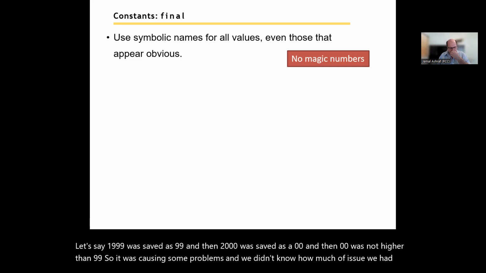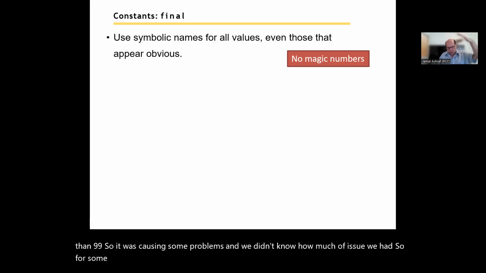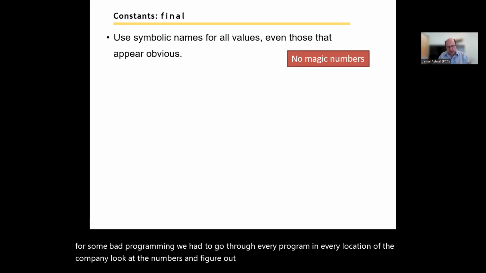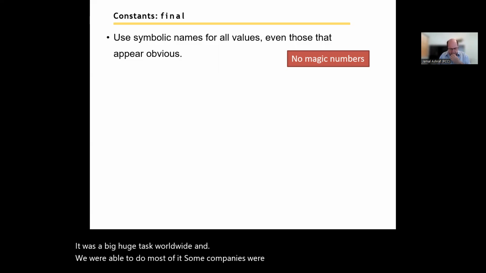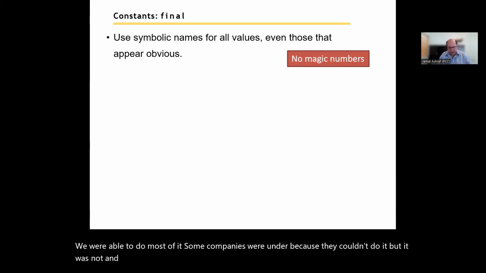So for some bad programming, we had to go through every program in every location of the company, look at the numbers and figure out if that number is a year, and if it's a year, to change it. It was a big, huge task worldwide, and we were able to do most of it. Some companies went under because they couldn't do it, but it was done. And that shows that if we get together, we can get huge tasks done.